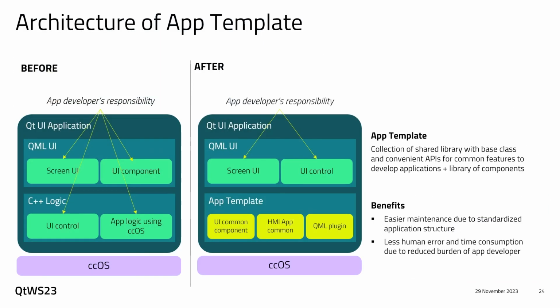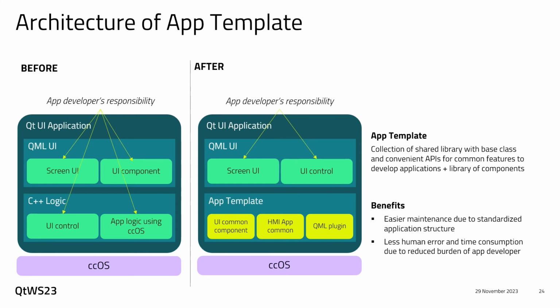And here you can see what the app template looked like before and after Qt. Before, you have a QML UI, so your screen, your UI component, etc. Then you have this C++ logic, and below that, the connected car. After working with us, with the new version, they were able to create these templates where they have a UI common component, which is then connected to the actual UI component.